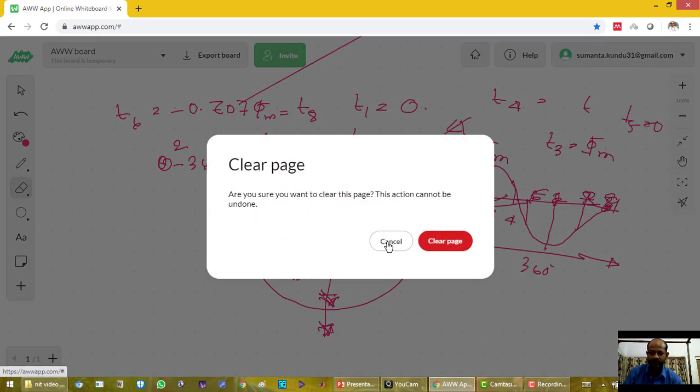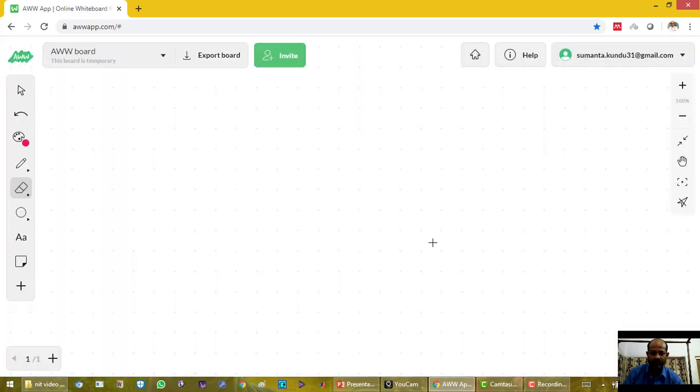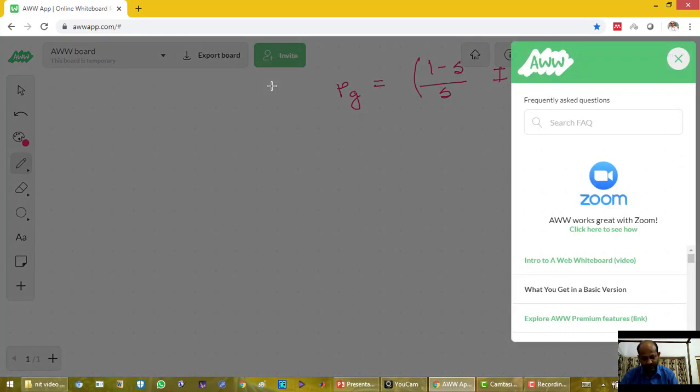Now let me deduce the torque equation. We know for an induction motor that the developed power PG equals (1 minus S) by S into I2 square R2.